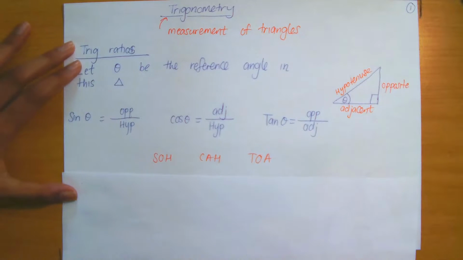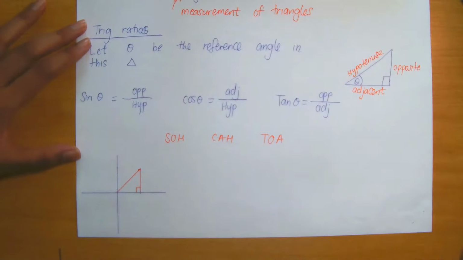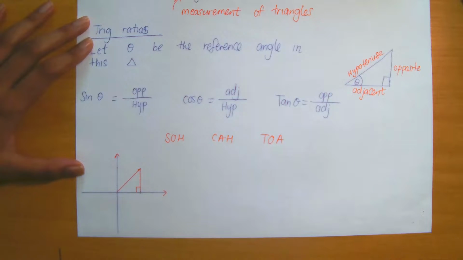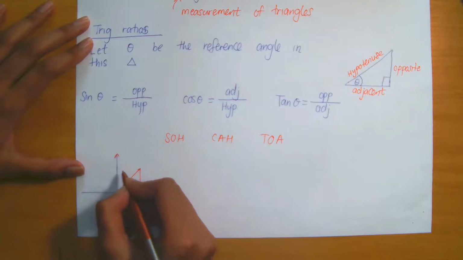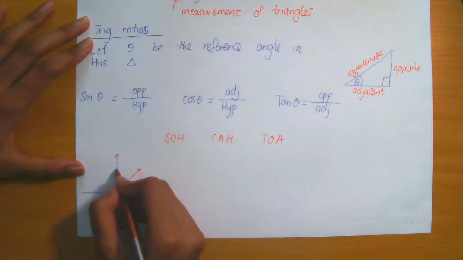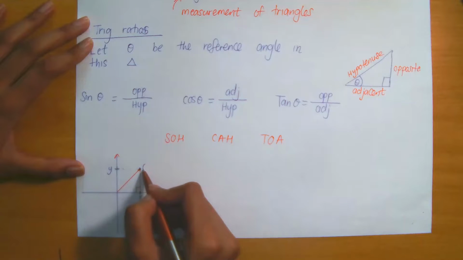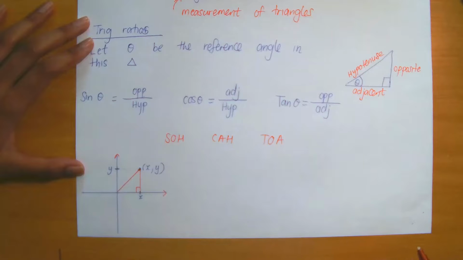Another way of interpreting this is by placing your right-angled triangle on a Cartesian plane. That's what I have drawn below. If I read off this x value and this y value, then observe that the vertex on the triangle can be described by the coordinate (x, y).